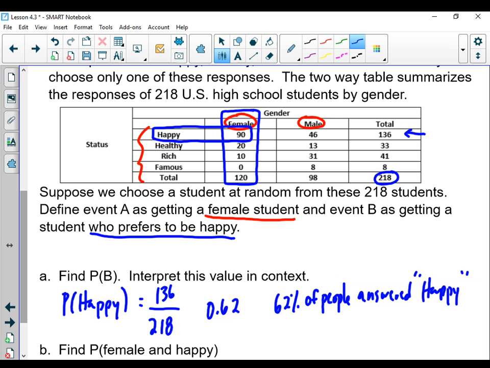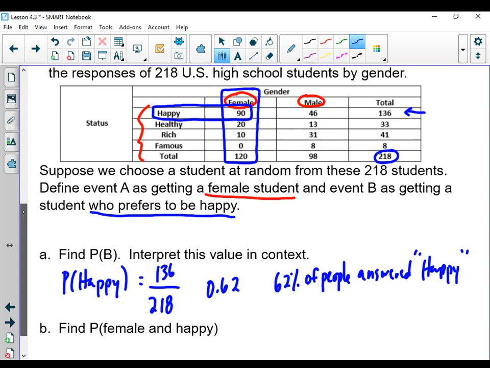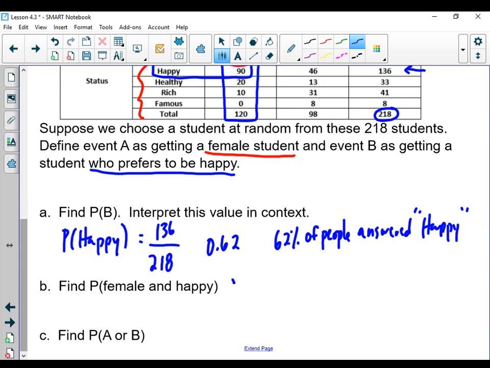Well, if we look at this, we had 90 females who said that they wanted to be happy. So I have 90 out of the 218 that I talked to. So if I do 90 divided by 218, I get 0.41. Or there's a 41% probability that we find a female who answered happy.